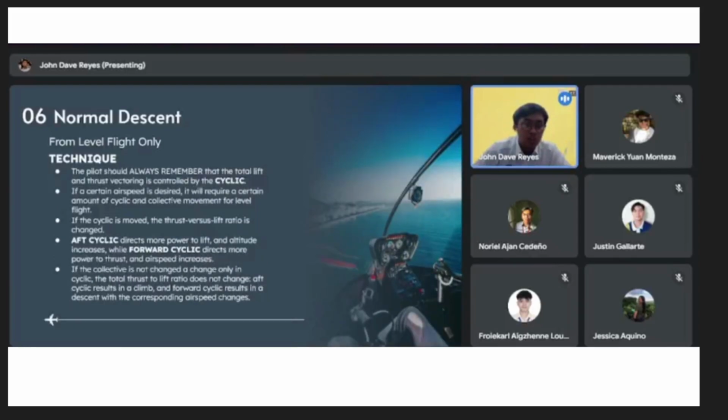So next, the pilot should always remember that the total lift and thrust vectoring is controlled by the cyclic. If a certain airspeed is desired, it will require a certain amount of cyclic and collective movement for level flight. So if the cyclic is moved, then the thrust versus lift ratio is changed.